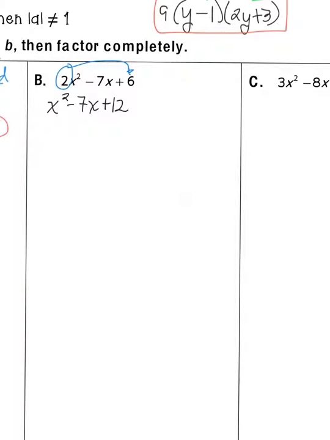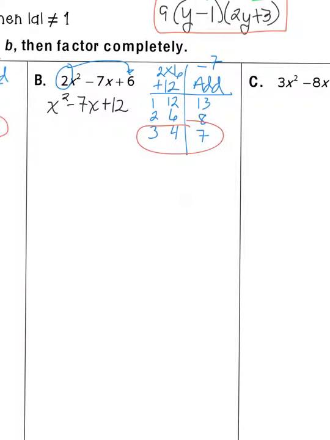Because my product of 2 times 6 was positive 12, we are going to add the factors of 12 to find a negative 7. So 1 and 12 gives us 13, 2 and 6 is 8, and 3 and 4 is that 7. So it's very similar to the last one, but this time my middle term is negative.